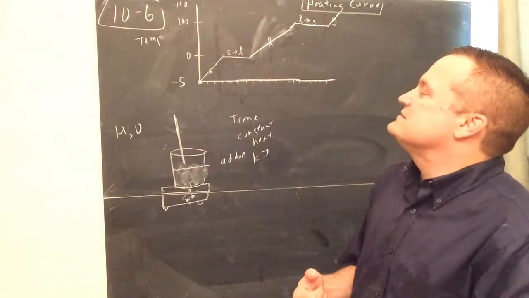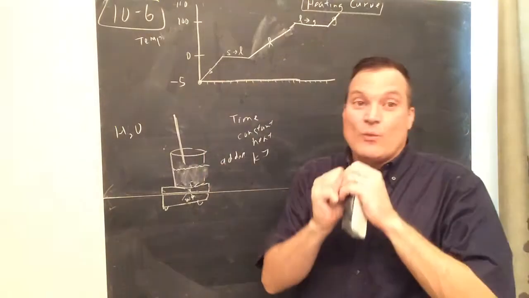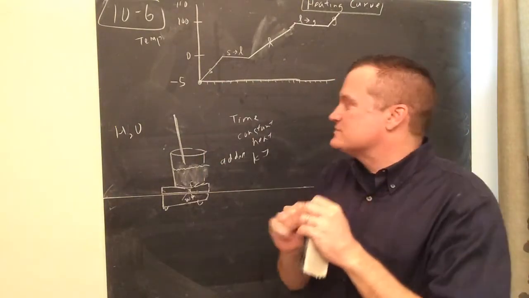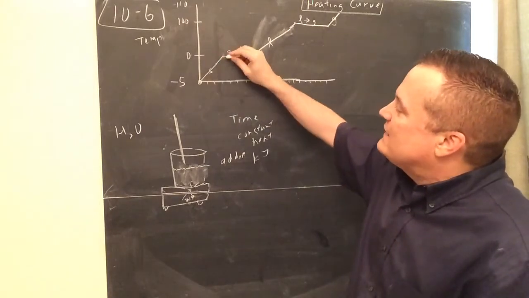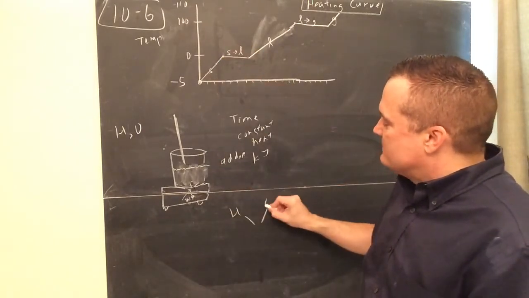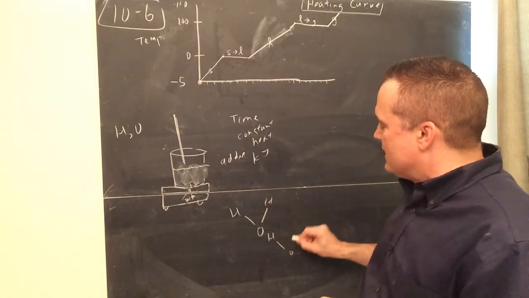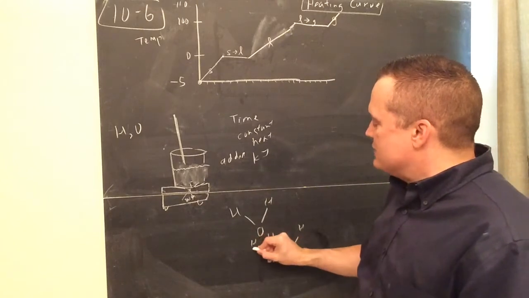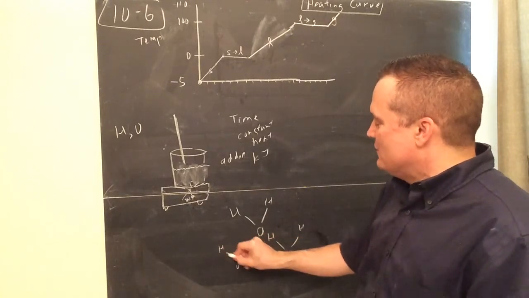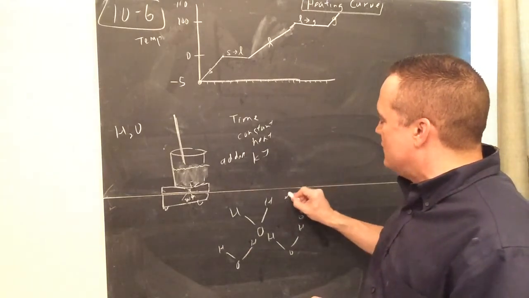Well, what it really means is all of the heat is going into weakening or breaking the intermolecular forces. Here, at the beginning of this dot, all the ice is hydrogen bonded. Every H2O molecule is H bonded to another H2O molecule, to another H2O molecule, in a perfect crystal structure all around.